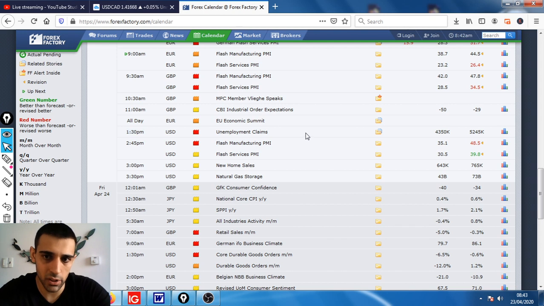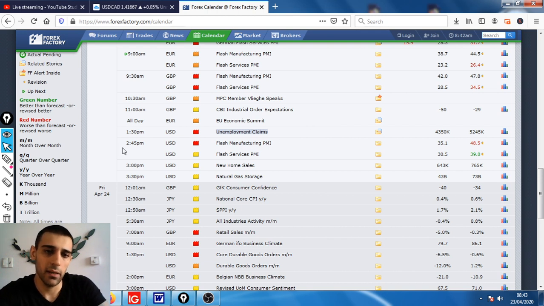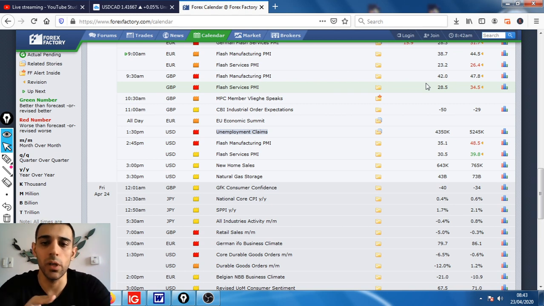That does generally create some volatility, and sometimes it can move quite a lot. So keep that in mind if you're taking a trade. As well as we got the flash manufacturing PMI at 2:45. This is all UK time, so you can just readjust your time wherever in the world you are. So keep that in mind.